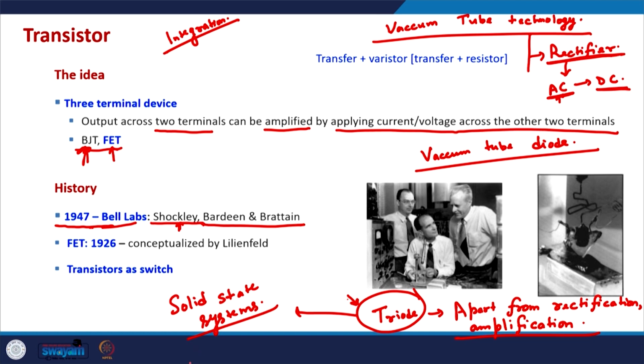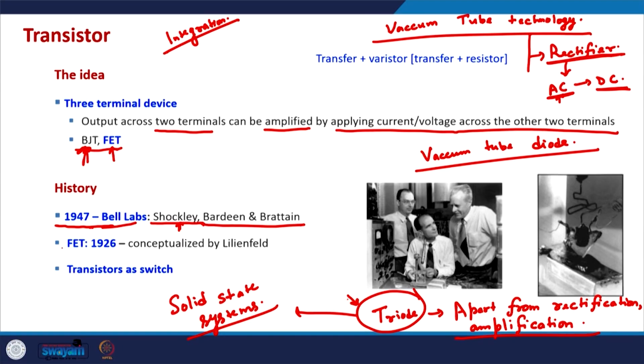For example, the base current was there, which was a bit of a problem, and so that's why the field effect transistor, in which the third terminal, the control terminal of the transistor, was using electric field to control the current and voltage across the two other terminals.